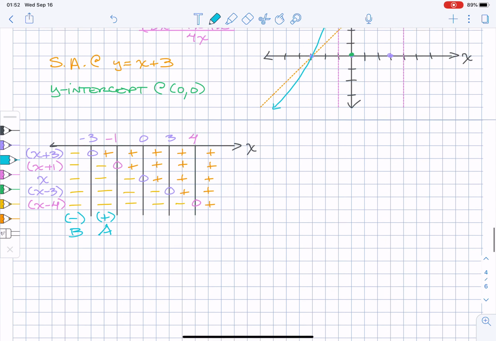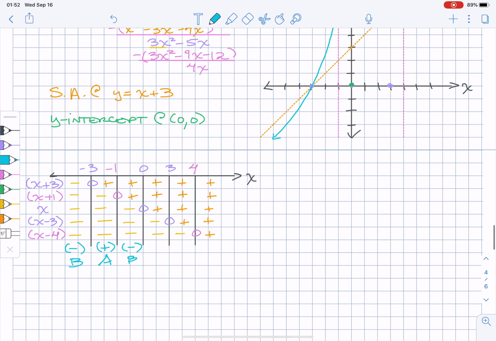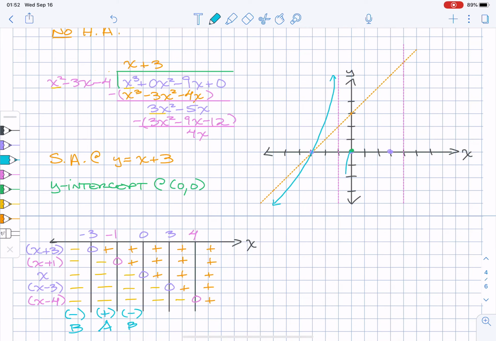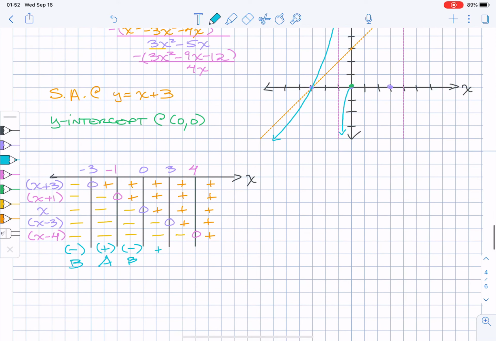Okay. So now between -1 and 0, it's negative. So that's beneath the x-axis. So it's going to do something like so. And then, actually, I don't like the way that looks either. Then between 0 and 3, it's positive, so it's above the x-axis.